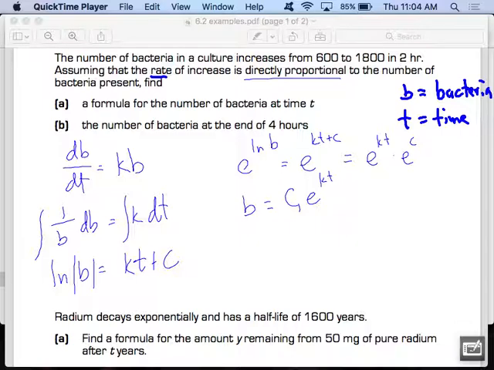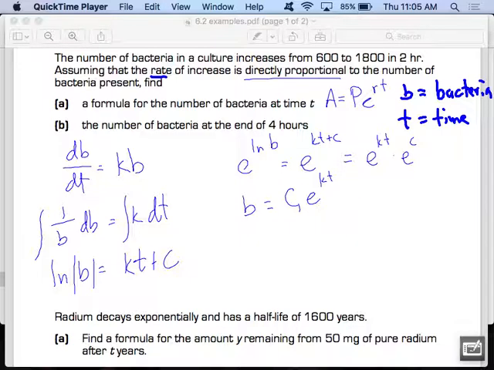This b equals c e to the kt looks just like p times e to the rt, where c is our starting amount, p is our starting amount, r is our rate, k is our rate, t is t. So we want to solve for our starting amount. What is our starting amount? C. Right, no, it's actually 600.